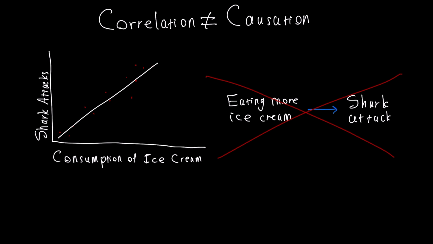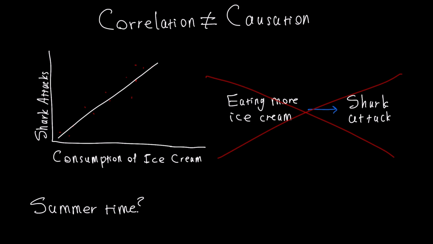It doesn't necessarily mean that. Can we provide an alternate explanation? Maybe people eat more ice cream in the summertime and they're also at the beach in the summertime, and if they're at the beach, then they're more likely to be attacked by a shark than if they're not.